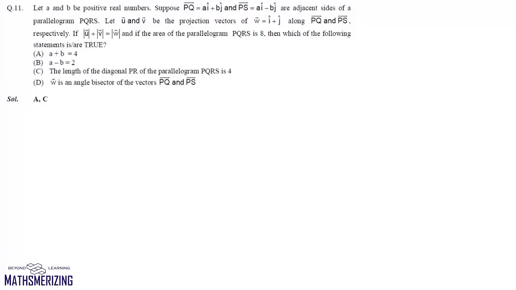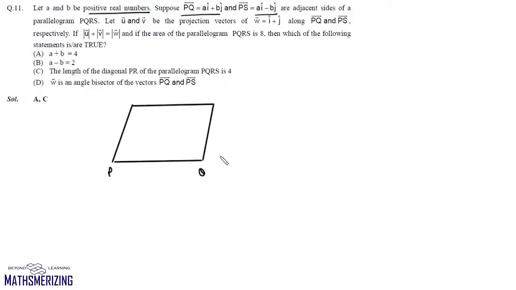Now here the question is, let A and B be positive real numbers. Suppose PQ is AI plus BJ and PS is AI minus BJ, adjacent sides of parallelogram PQRS. So we have this parallelogram PQRS, where PQ is AI plus BJ and PS is AI minus BJ.